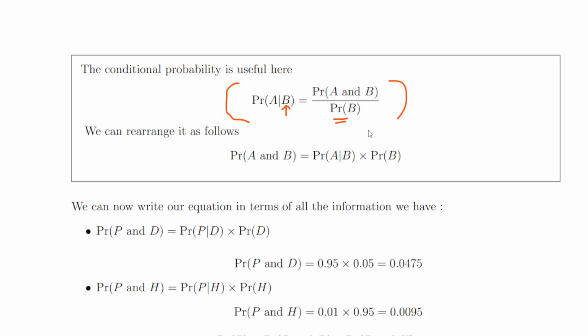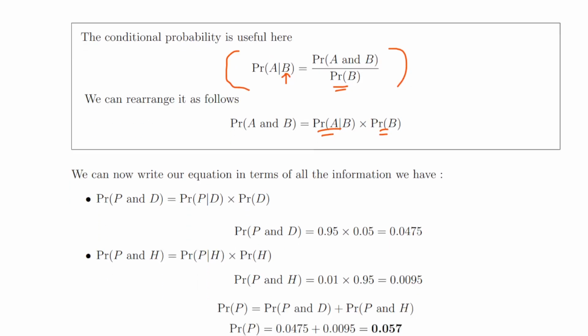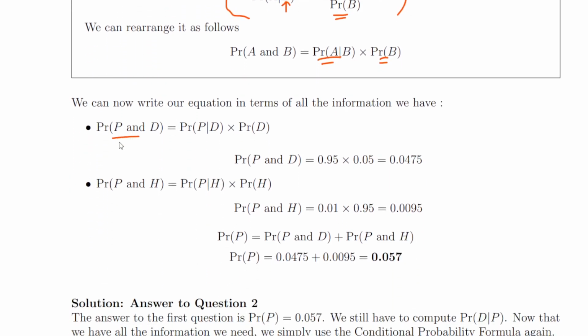We can re-express that, so the probability of A and B is the probability of A given B times the probability of B. So the probability of P and D is the probability of P given D times the probability of D. That's 0.95 times 0.05, which works out to be 0.0475.